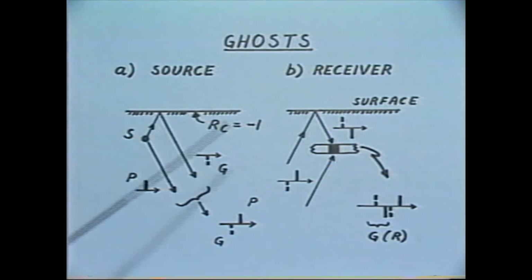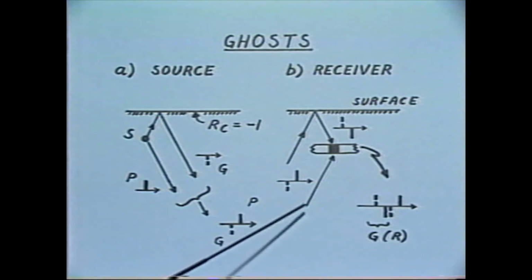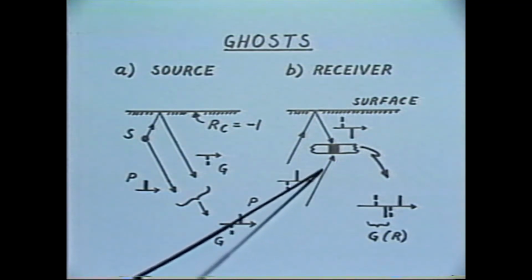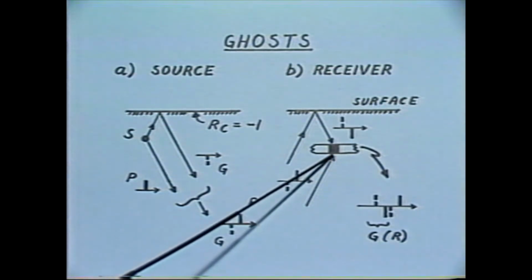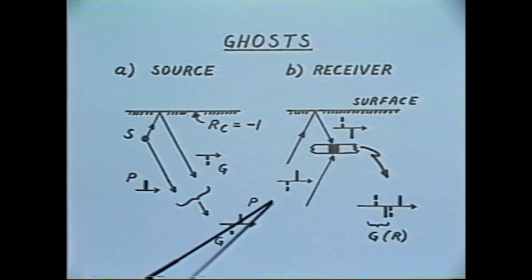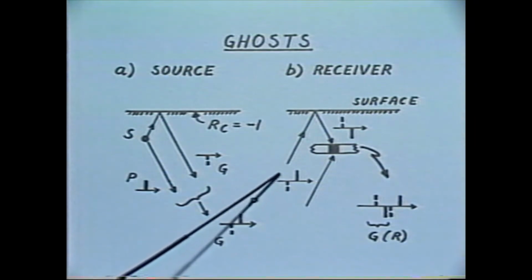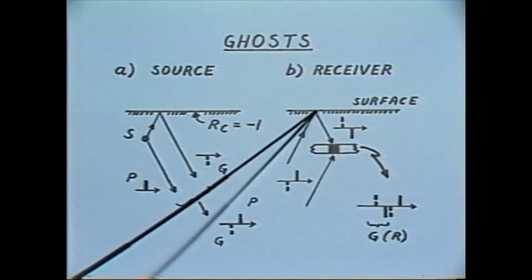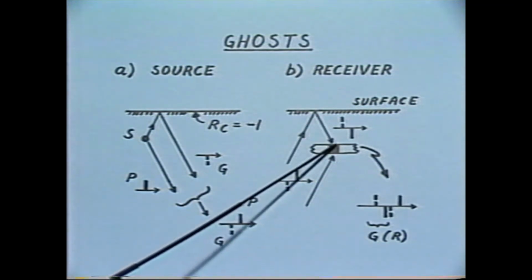But the situation would be this, that a reflection impulse arrives back at the receiver along a travel path like this, but also reflection energy arriving along a travel path like this is reflected back down from the surface and also picked up by the receiver.